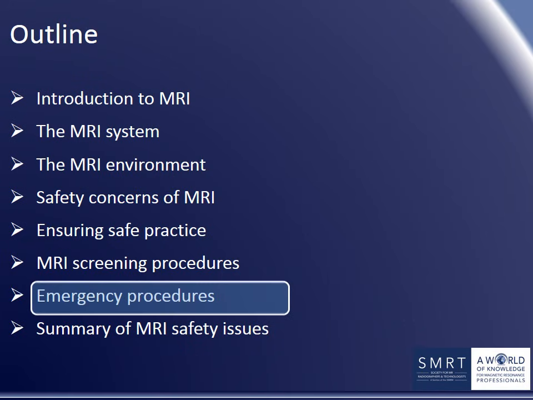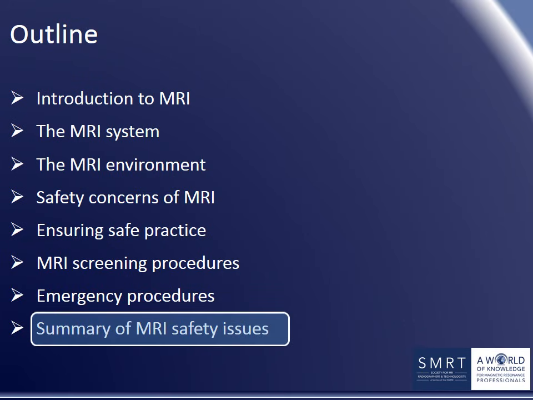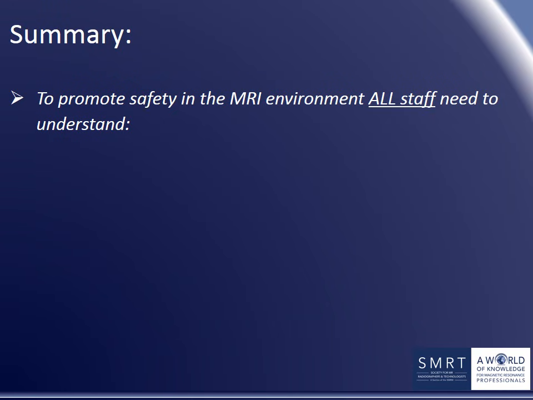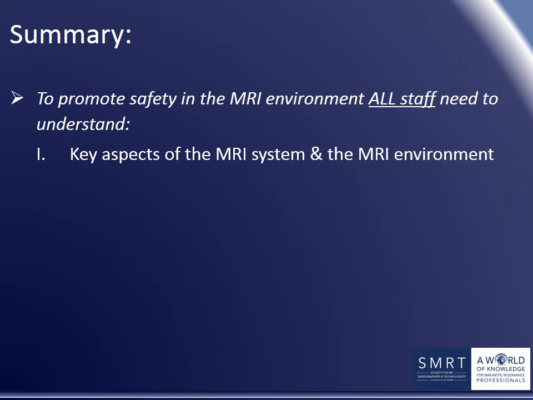To conclude this presentation, we will now summarize MRI safety issues that all staff should be familiar with. To promote safety in the MRI environment, all staff need to understand the following. 1. The key aspects of the MRI system and the MRI environment. 2.